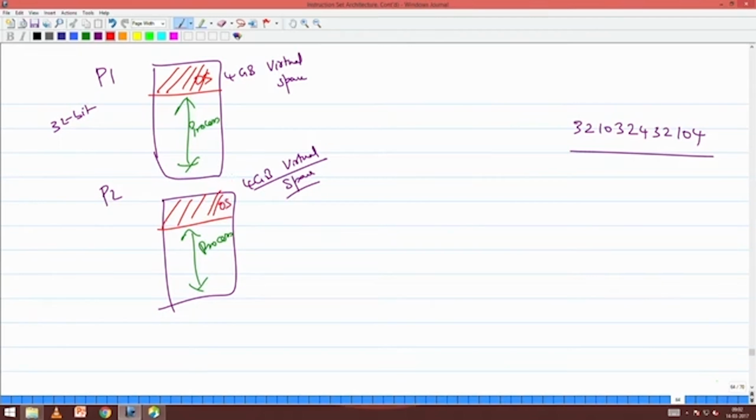Now, what actually happens is, within this OS part, the page directory will also be mapped. Now, in the physical memory, this is the RAM. Again, some part will be used for the OS. It will be reserved for the OS.